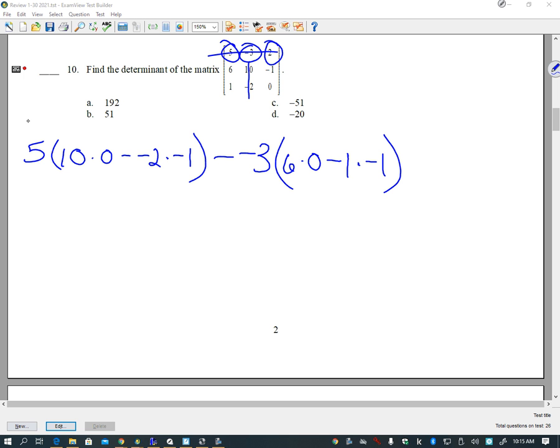And then we add 2 times negative 2 minus 1 times 10.